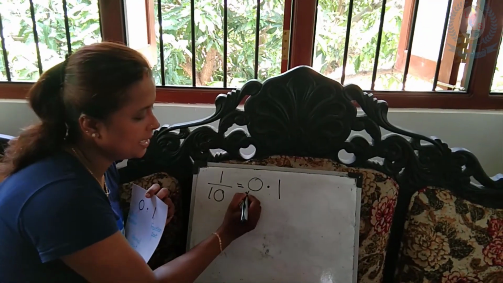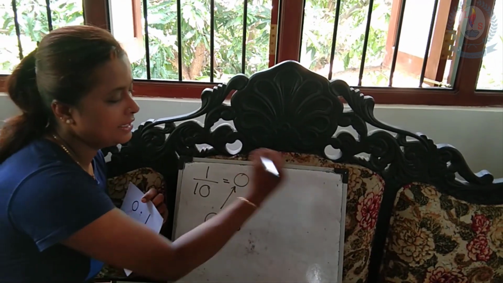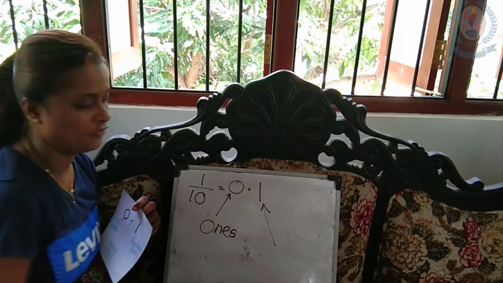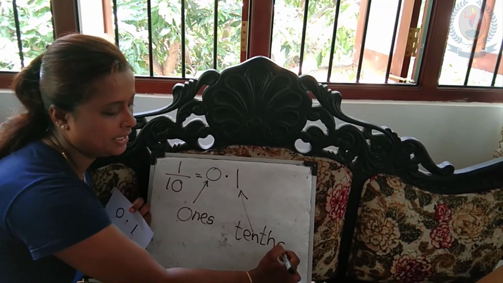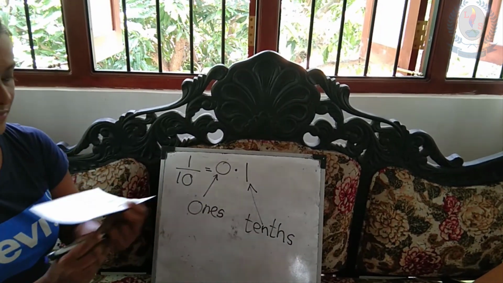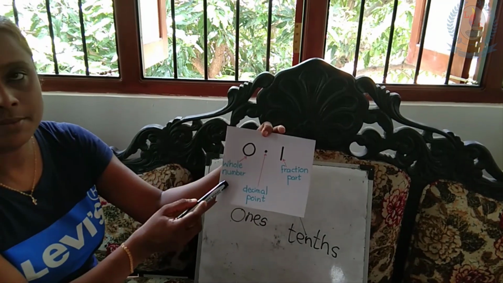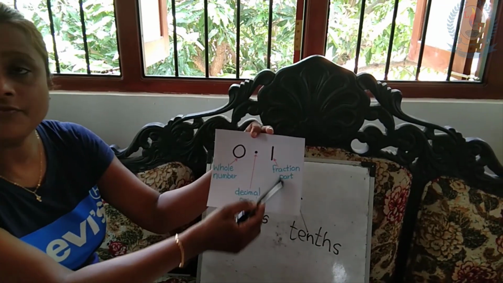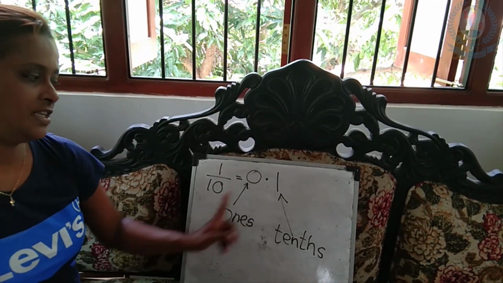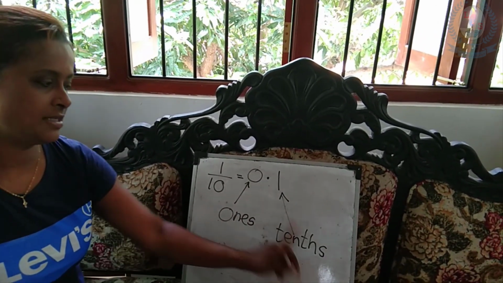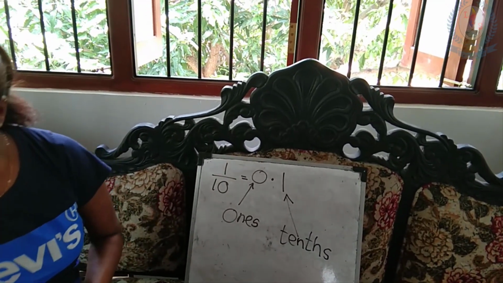The number on the right side of the decimal point is in the tenths place. Tenths, not tens. A decimal contains the whole number part, decimal point, and a fraction part. And remember, the number on the left side of the decimal point is in the ones place. The right side number is in the tenths place. Okay.